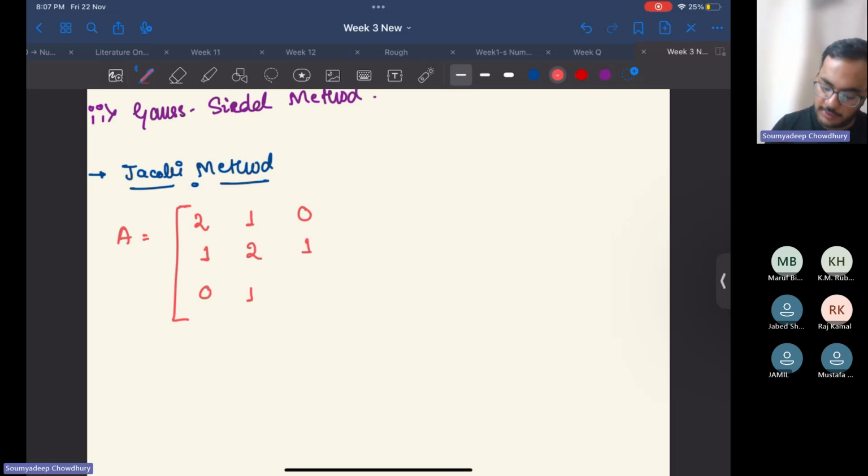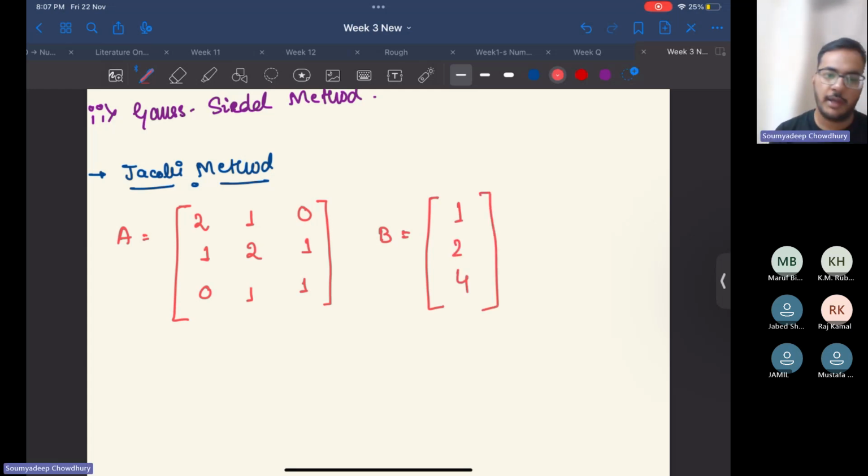So can you tell me what is all about the Gauss-Seidel method? Any idea you can recall? Can you recall what was the algorithm for Gauss-Seidel method? Anything? No, sir. Right now, it's not in my mind.